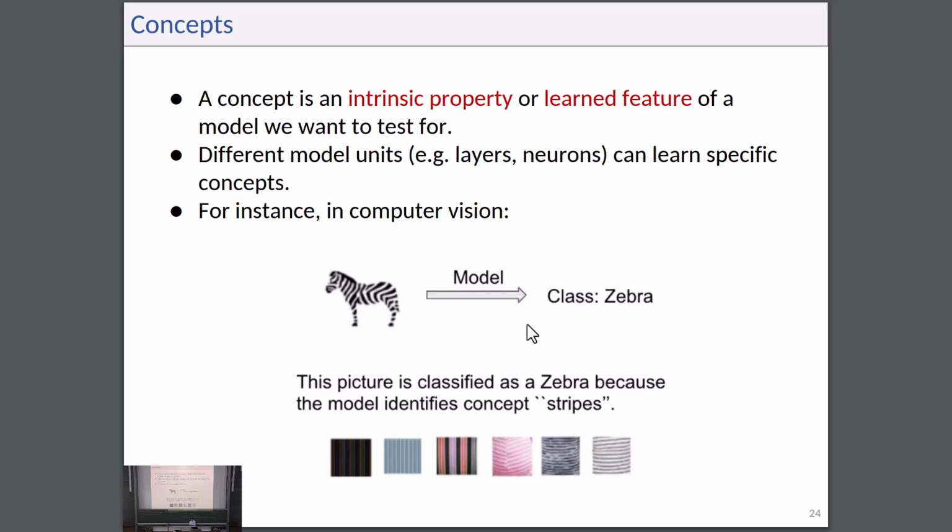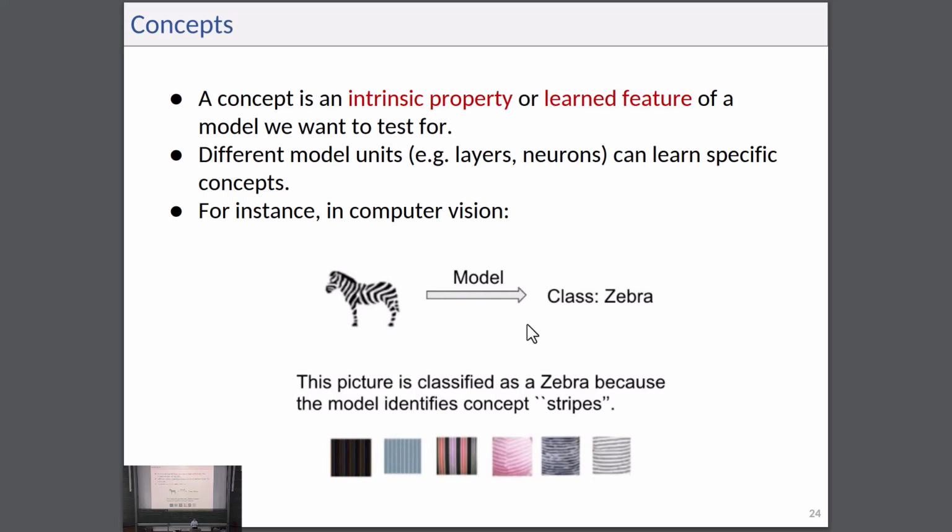If I have a model that classifies pictures of animals, going from a picture of a zebra to a zebra, then one possible concept could be stripes, something that is somewhere between a zebra and the concept of it. It's probably some neuron or group of neurons in that computer vision network that recognizes the pattern and helps the classification.